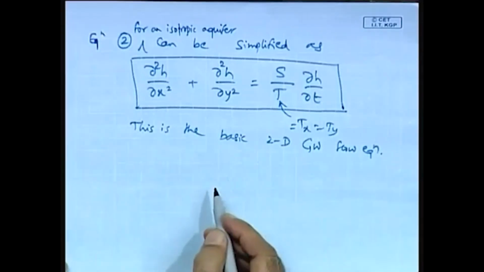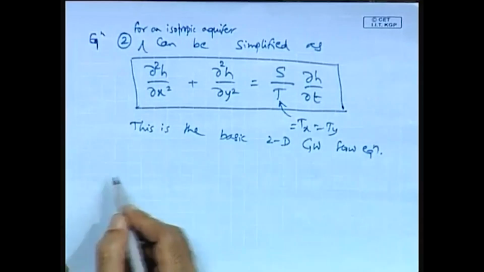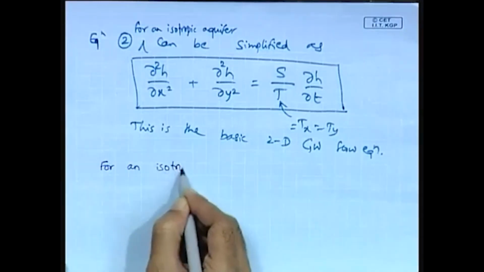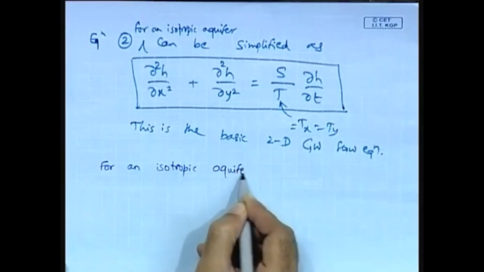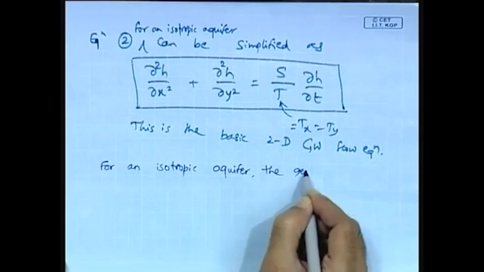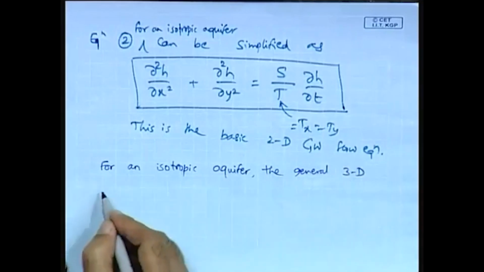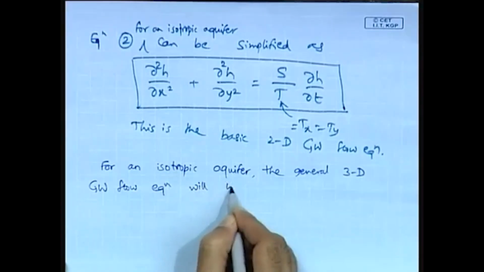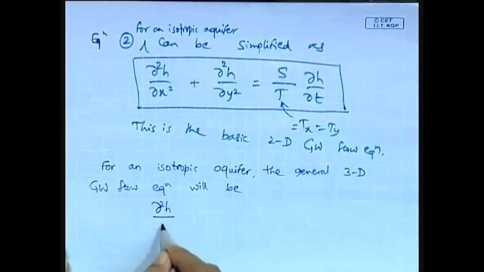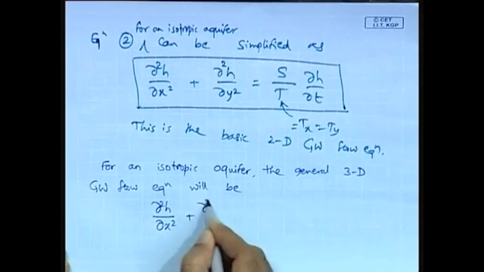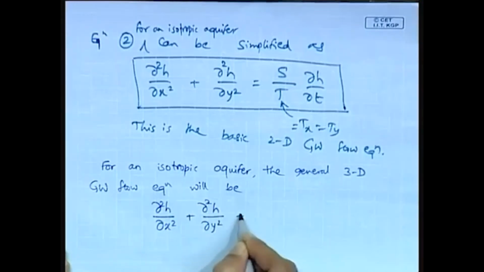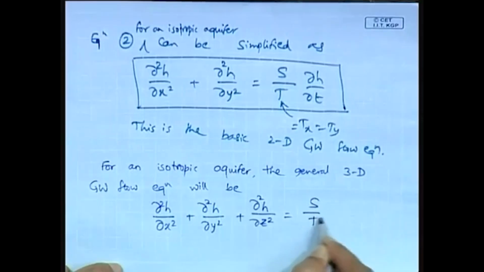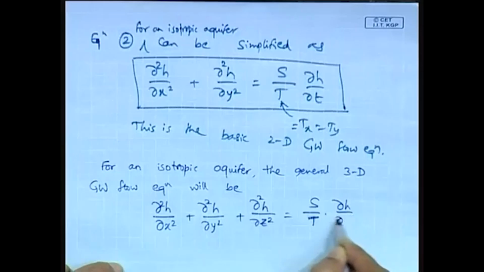In this case there will be the third term also, and so for an isotropic aquifer, the general 3D groundwater flow equation will be d square h by dx square plus d square h by dy square plus d square h by dz square is equal to S by T into dh by dt.